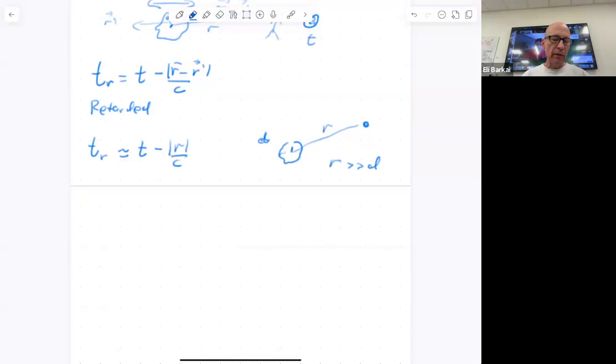R prime is very small compared to R, because R prime, absolute value, is of order D. What do I mean by that? R prime is an integration variable. It changes when I integrate, but at each point here, this is R prime, then I integrate, it's here R prime, etc. You go over all the space, but it's always smaller than R. So I can use this approximation.